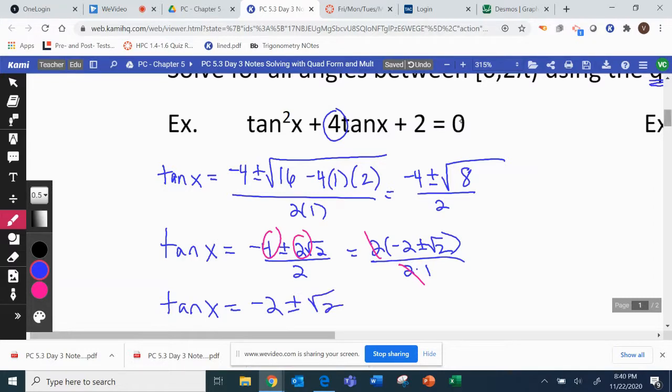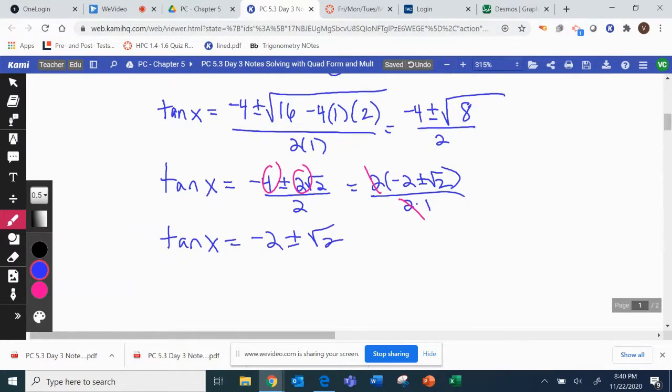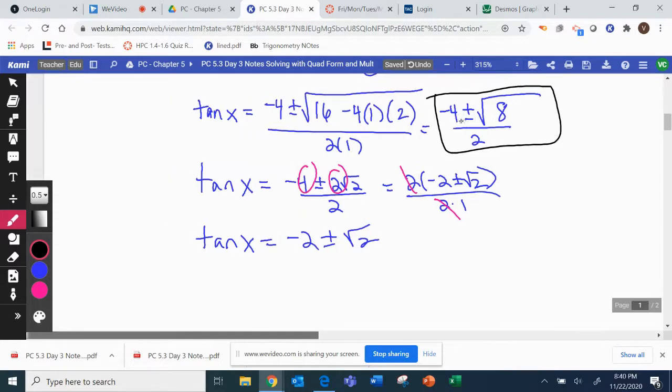All of the other steps I just did are just a quick review on simplifying using the quadratic formula. It doesn't even need to be simplified for this because we're going to type it into our calculator. We have to solve for x, but in order to get rid of the tangent, we will have to use tangent inverse.